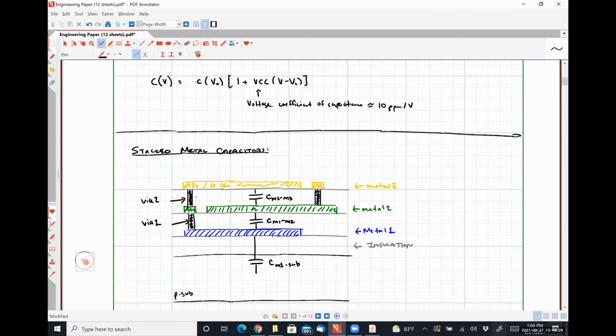So we're minimizing the footprint on that bottommost layer so that we should get a relatively small parasitic capacitance in comparison to the intended capacitance here.